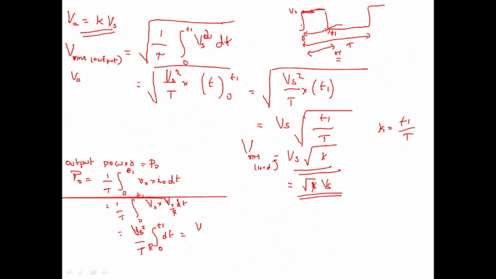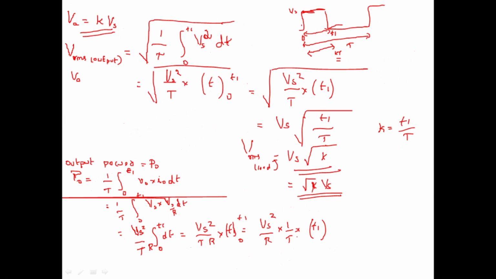This is nothing but Vs squared divided by T R into T1, because the integration of dt is t. If you are confused, you can write the limit 0 to T1. That's the reason Vs squared divided by R, 1 by T into T1 minus 0, T1.